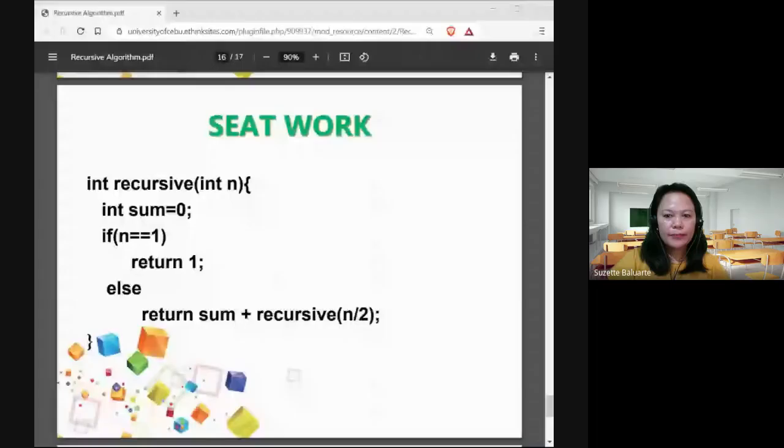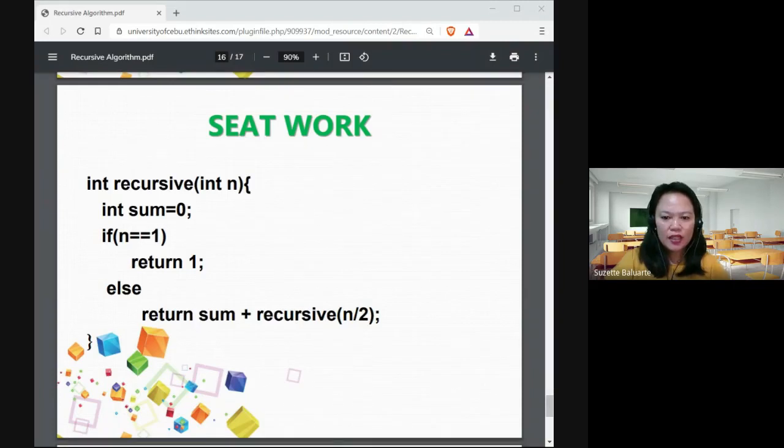I might be changing a few things. Kamo daw try og solve. I'll give you 10 minutes to solve. Pag di makaya, we will solve after all.